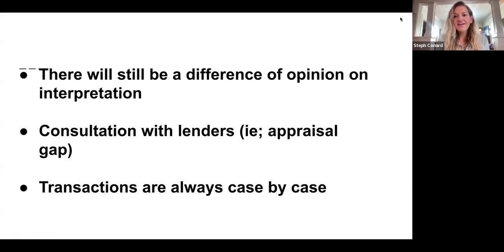And as a heads up, this might have calmed down now, but at the time, what we were contending with was a difference of opinion on interpretation of some of this language. So understand that you might go into some situations where people disagree with how it's interpreted, and know that's okay.